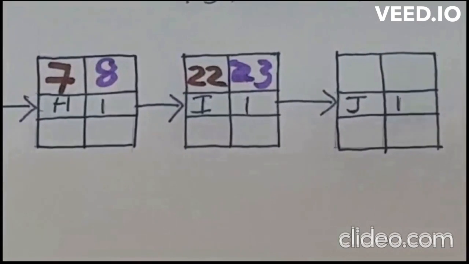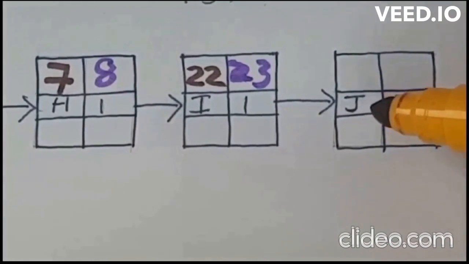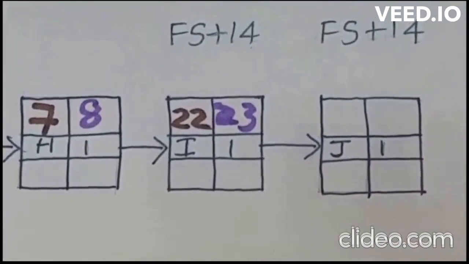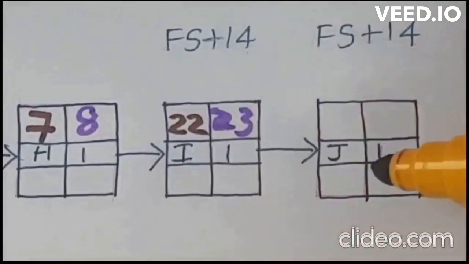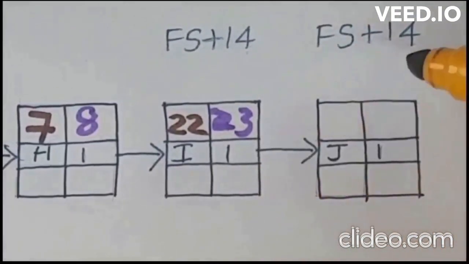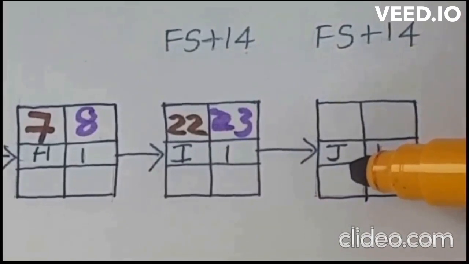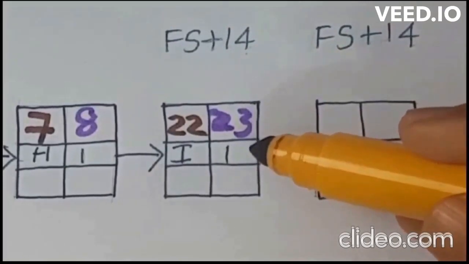Continuing with the previous session, now we will see how to calculate the earliest start and earliest finish time for the last activity J. Now, if you see, the predecessor for activity J is activity I, right? But there is a lag of 14 days. That means activity J should start only 14 days after activity I finishes.